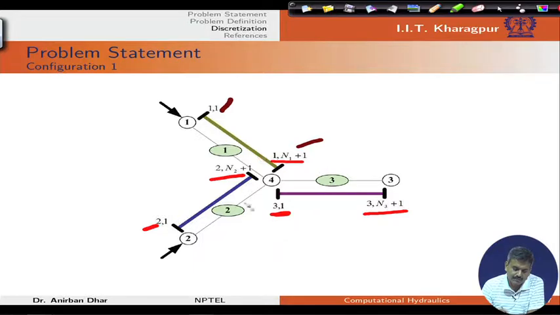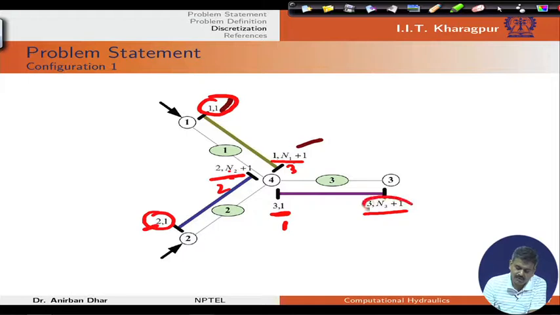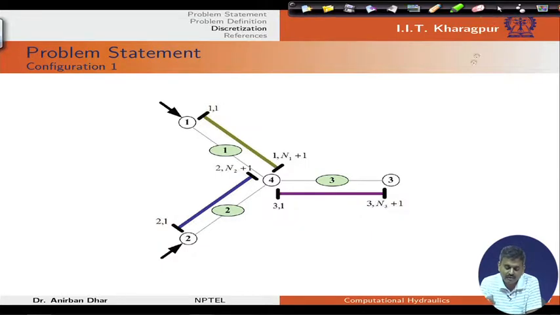So, obviously we have these nodes 1 2 3, these nodes are internal nodes. We should utilize these 3 nodes for specifying the boundary condition junction condition at 4, and these 3 nodes should be utilized for specifying the boundary conditions at boundary junction nodes.